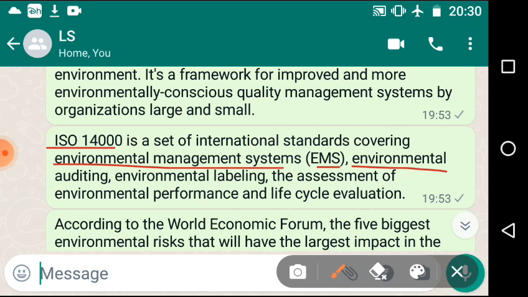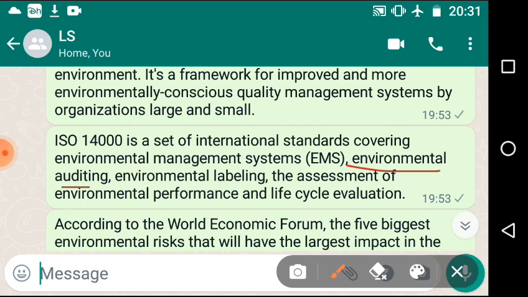Then environmental auditing. What can I say in easy words? Environmental auditing is an attempt to provide information on the environmental performance of a company and thus induce environmental issues in the decision making process.